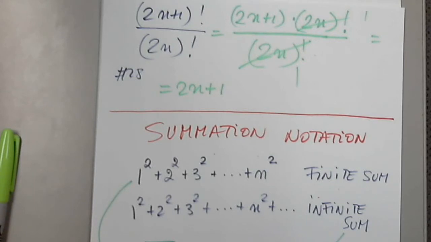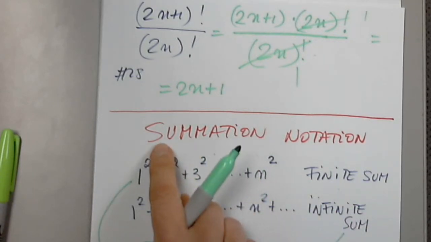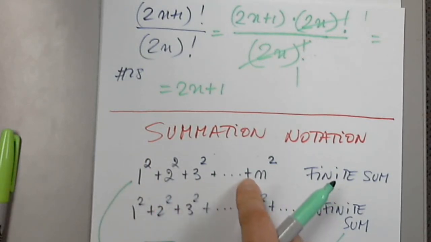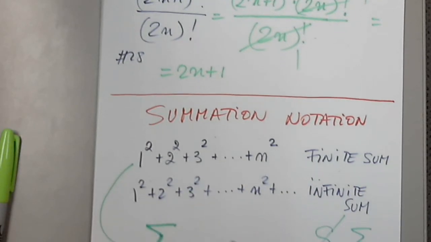So this is the Greek letter S, which stands for the sum, of course. Why? Because it's plus, plus, plus, plus. Every summation notation has a lower limit and has up here an upper limit.